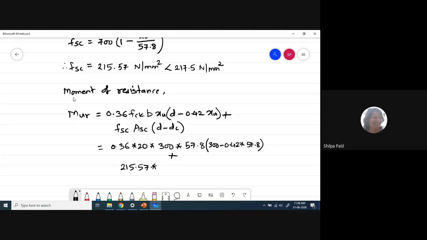ASC 1005.30. Into D is 340. Effective depth D, last time what we have calculated? Ma'am, 340. Yes, ma'am, 340.